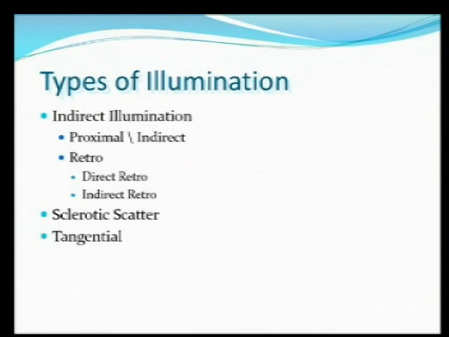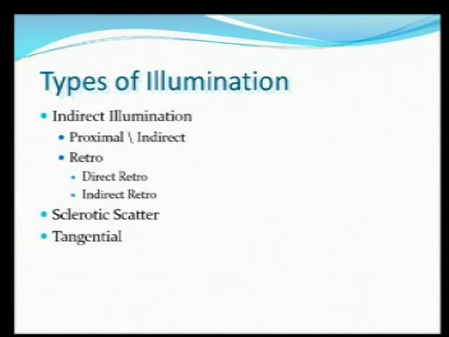Now for indirect, we have to intentionally decide to create indirect. We have to physically turn the light source away from the area being observed by the microscope. If we do that while we're looking at an opaque structure, like the conjunctiva or the cornea, then that's referred to as proximal or indirect illumination.